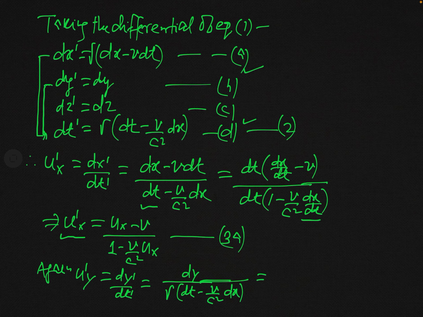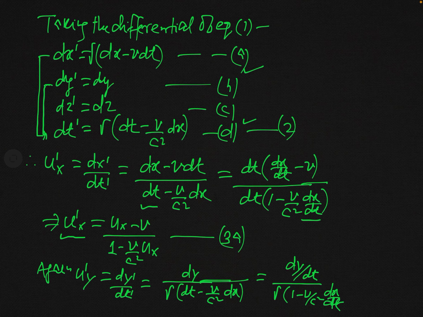Again we will take this dt as a common factor in the denominator. So what will be our result? The dt which has been taken as a common factor, I am writing it here, dy by dt, and gamma into dt has been taken as a common factor, so here will be 1 minus v over c square into dx by dt.